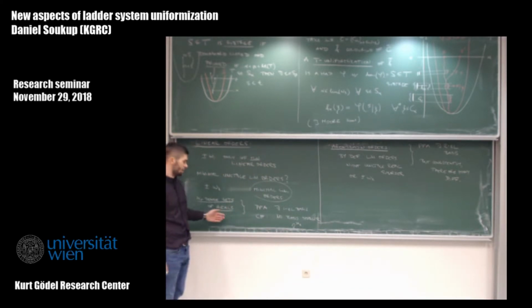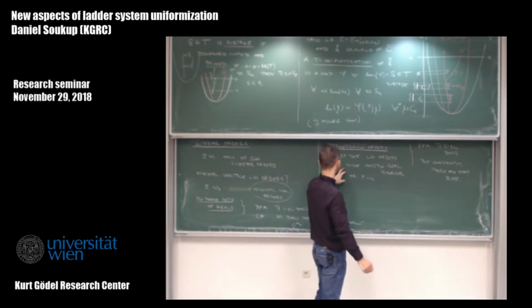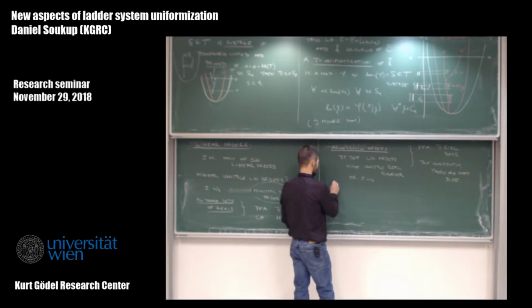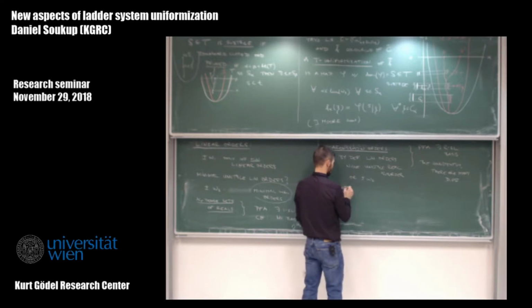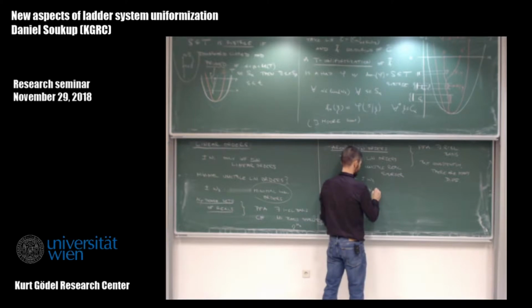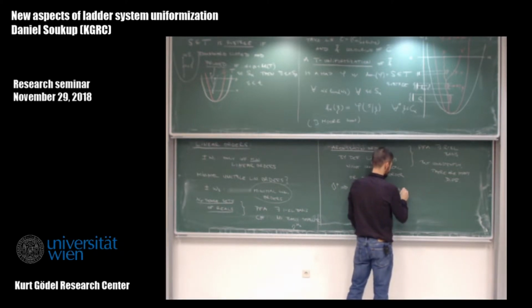If CH holds, then there are no minimal uncountable real suborders. But if diamond holds, or actually if a strong diamond holds, then there is a minimal Aronszajn order. If diamond plus holds, then there is a minimal Aronszajn order.